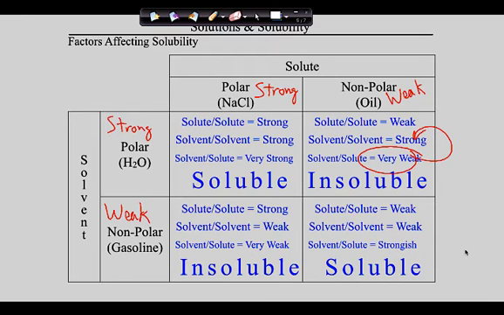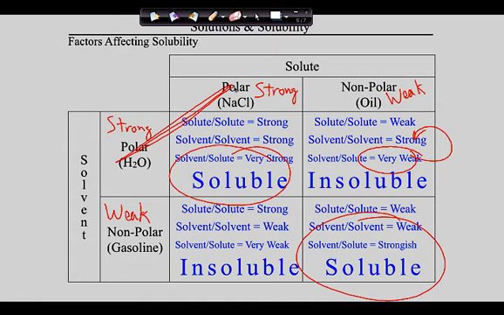So guys, let's talk, because you need to be able to summarize this. But guys, understand, the summary is only for your purposes. You will never write this summary on a test. But let's look, guys. Let's look at the combinations that dissolve here and here. The combinations that dissolve are polar to polar and nonpolar to nonpolar.